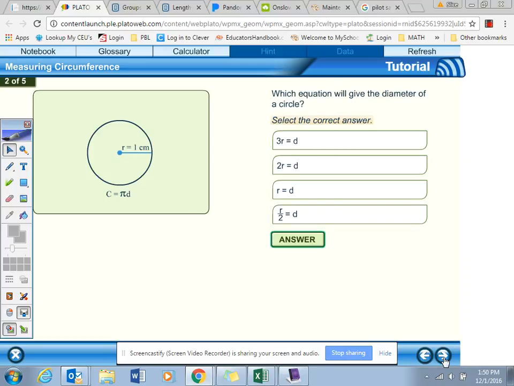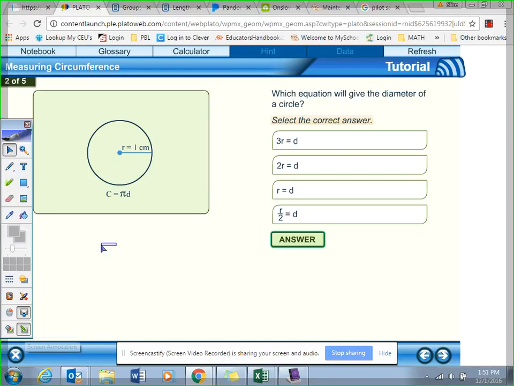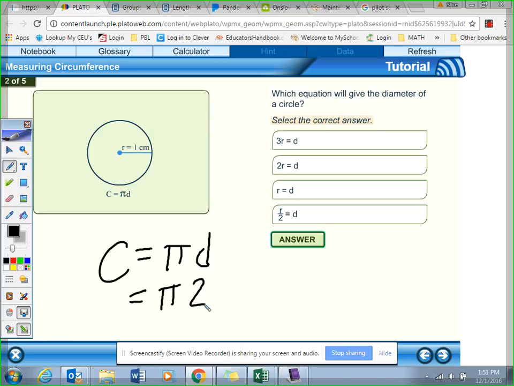So which equation will give you the diameter of the circle? In here, remember, we always start off with, don't ever try to rush to the answer. If I know that the circumference is equal to pi times d, and I know that the radius is 1, so that's pi times 2.